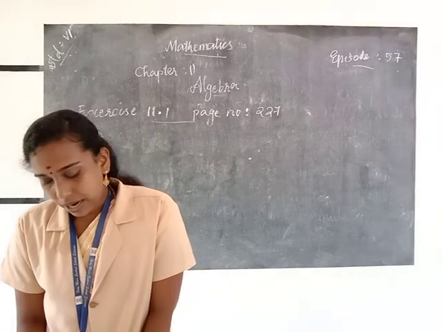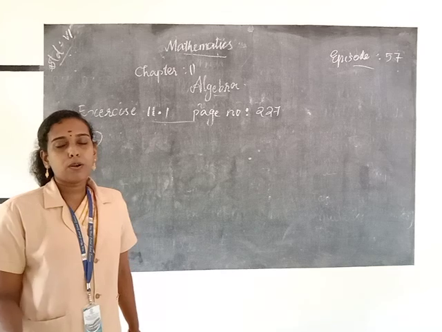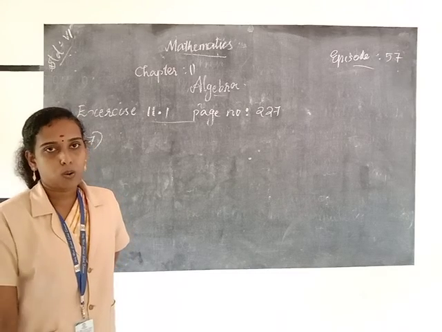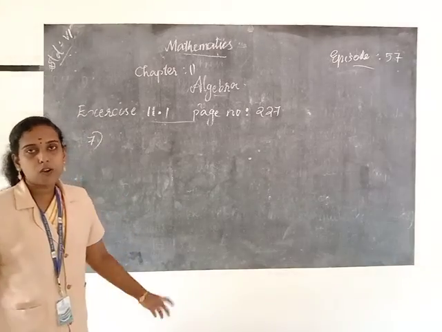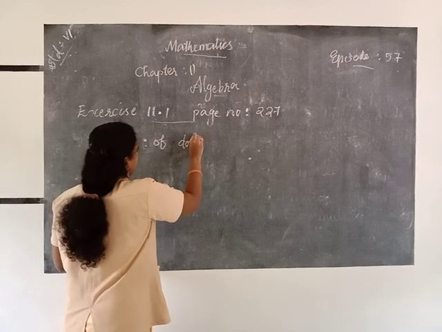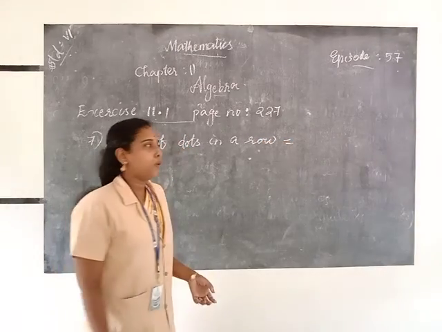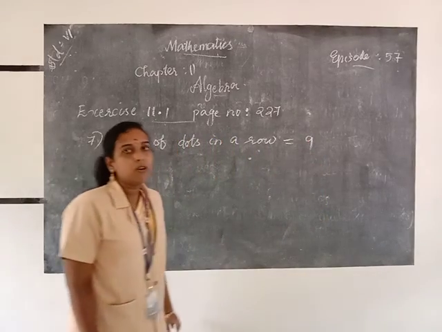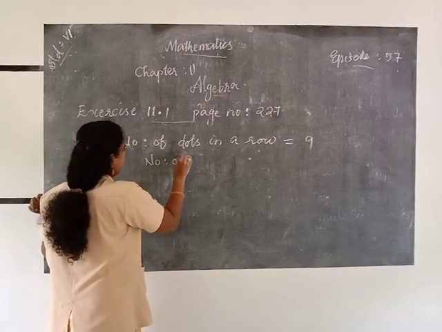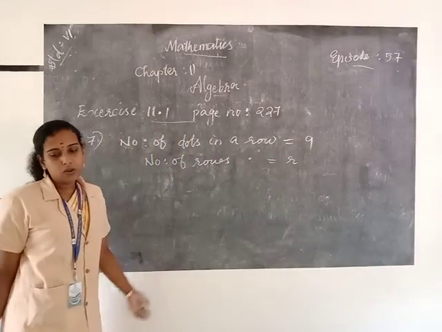The given quantities are the number of dots in a row, which is 9, and the number of rows, which is r.